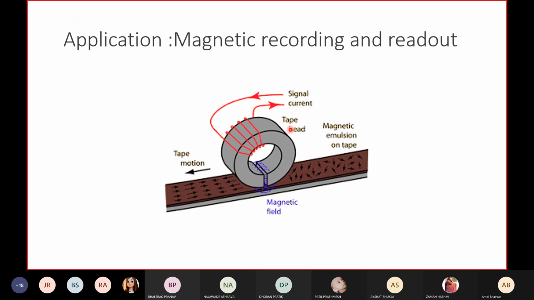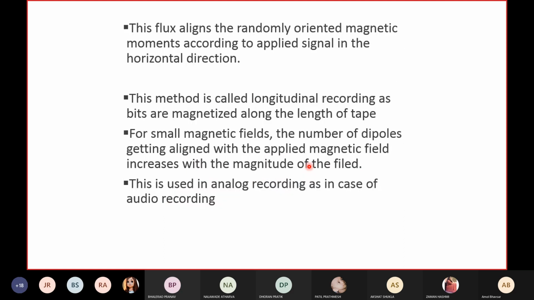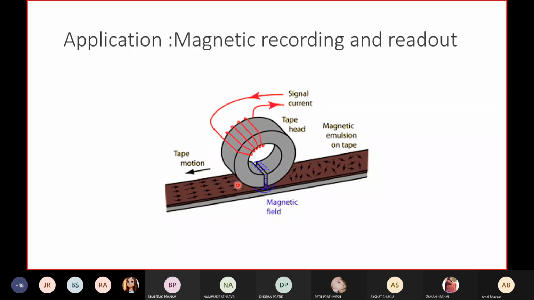Magnetic recording. So we are recording things. Our voice can be recorded here on the magnetic tape. The black portion shows the motion of the tape.